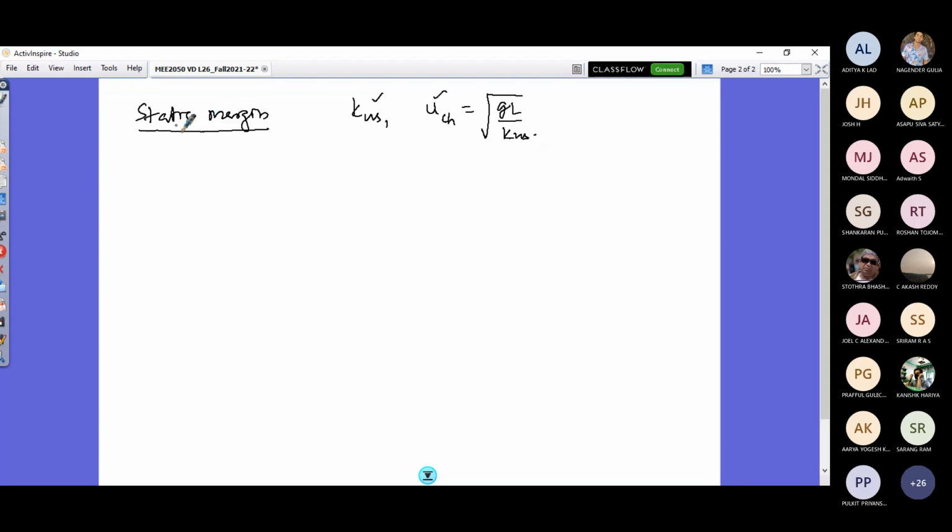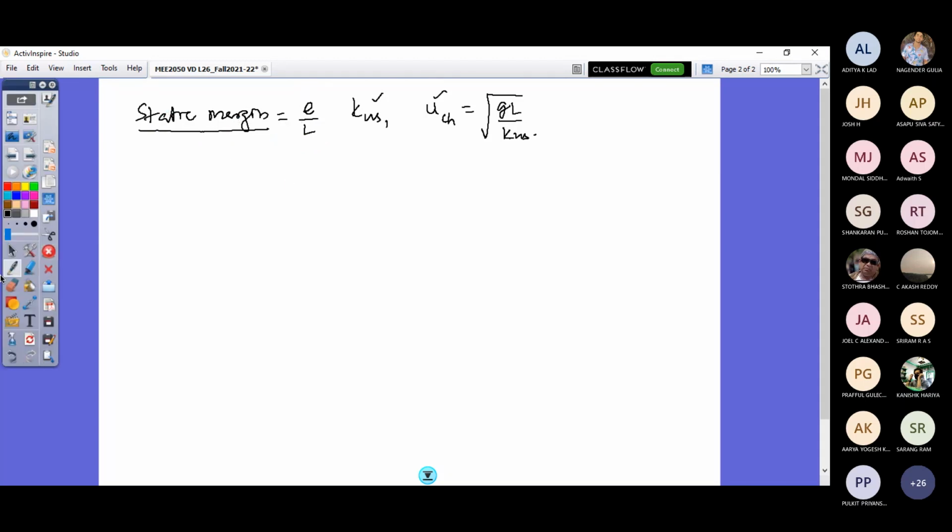Similarly, there is another metric called static margin. The static margin is defined as the ratio of two distances, E by L, where E is the distance of the neutral steer point from the CG location, and L is the wheelbase. So this is the static margin.